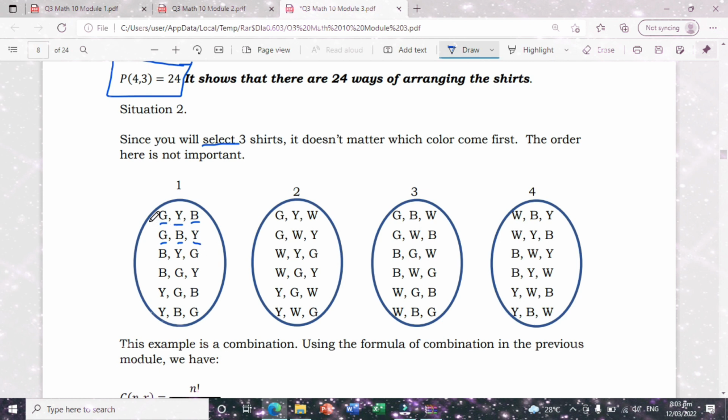So, itong GYB, GBY, BYG, BGY, YGB, YBG means the same selection. Kung bibilangin natin, 6 yan. Pero since selection lang yun, kung ano yung mauna, it doesn't matter, so it would be considered as only 1. Isang way lang yan sa pag-select ng shirts.